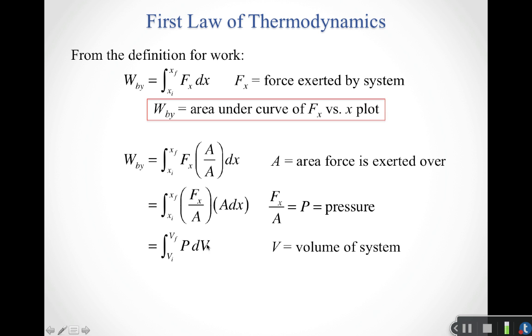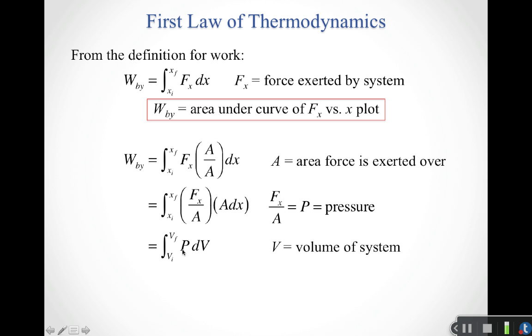This second term here, the area times some little differential element perpendicular to the area, gives me a tiny differential volume, so V here is the volume of the system. So what this means is I can also write the work done by my system as an integral from an initial volume to a final volume of pressure times a little differential volume element.